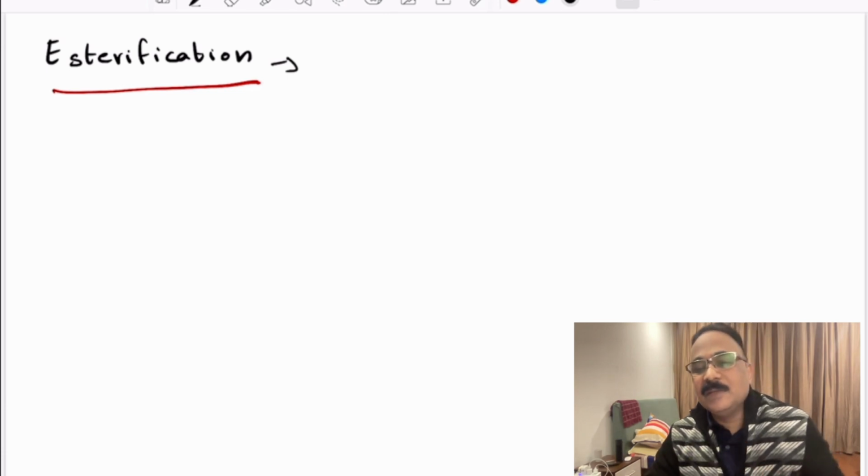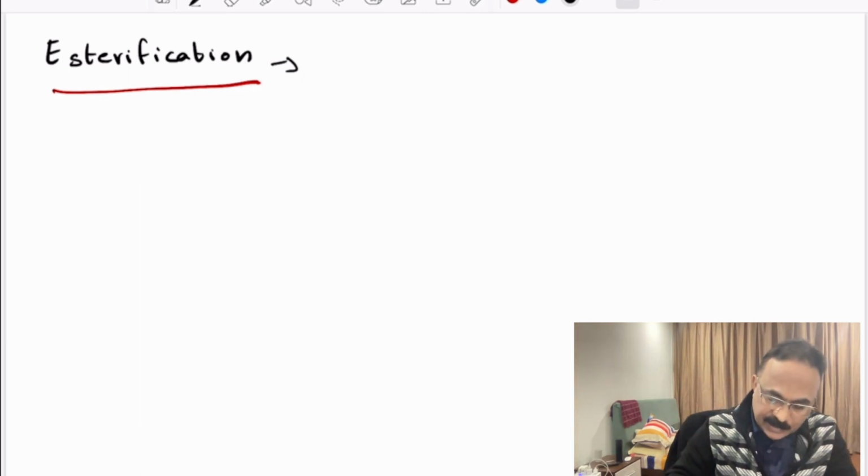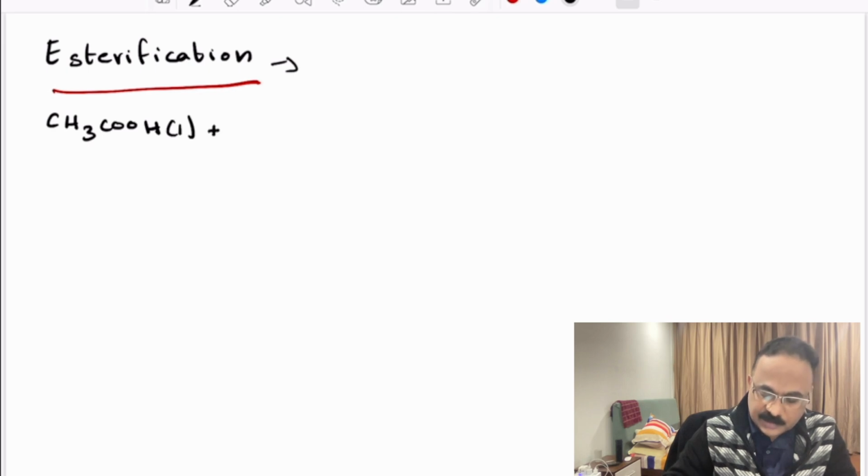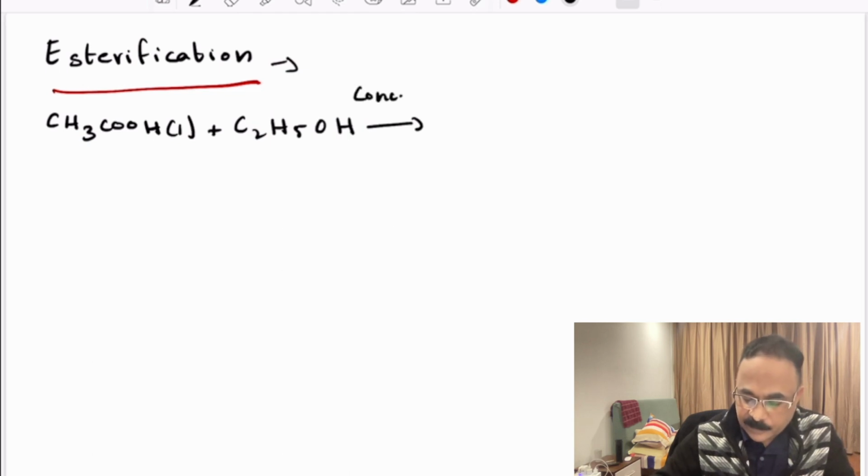So let's write down the equation and understand it. So let's take ethanoic acid. Ethanoic acid is CH3COOH, that's liquid, plus an alcohol. Alcohol is ethanol, C2H5OH. So this is ethanol. And not forgetting, let's write down nicely, concentrated, conc.